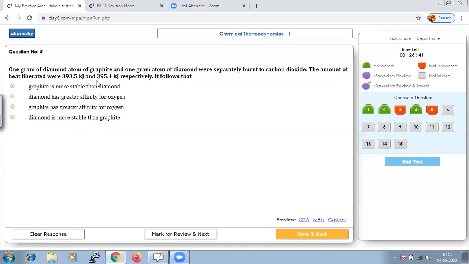Since graphite on combustion is giving less heat compared to diamond, that means we should understand that it is more stable compared to diamond. So graphite is more stable than diamond. That is our answer. Let us save.